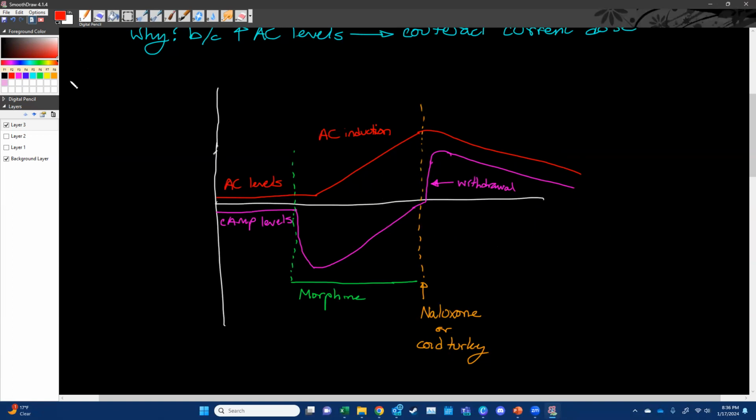As long as the cAMP level is above its normal amount, you're going to be in withdrawal, which can be as long as 10 to 14 days. So it can be really, really bad. Does this make sense? Does anybody have questions about what ends up happening?